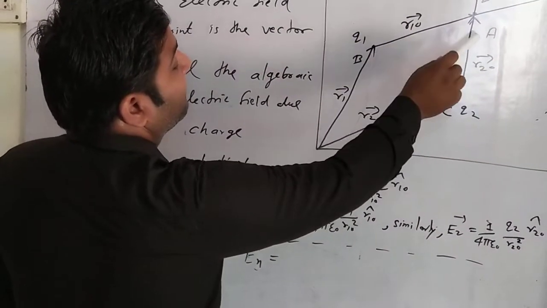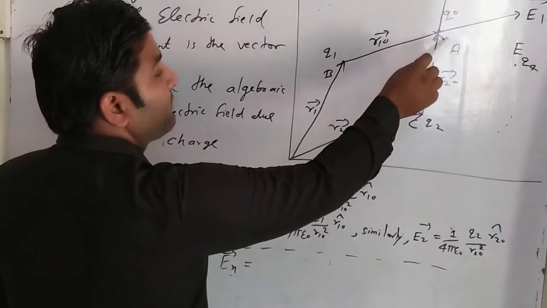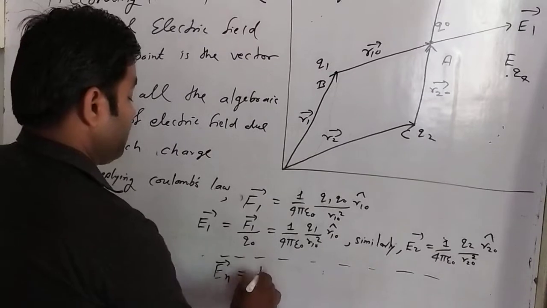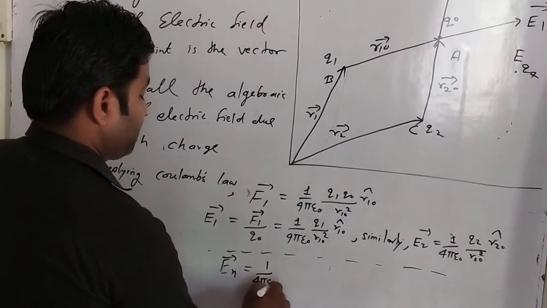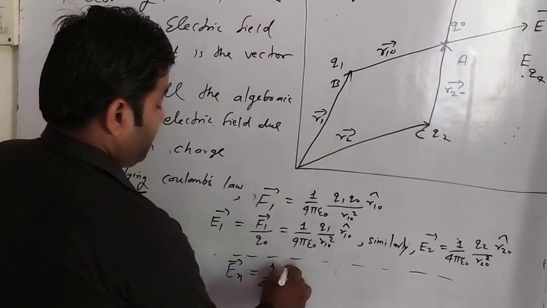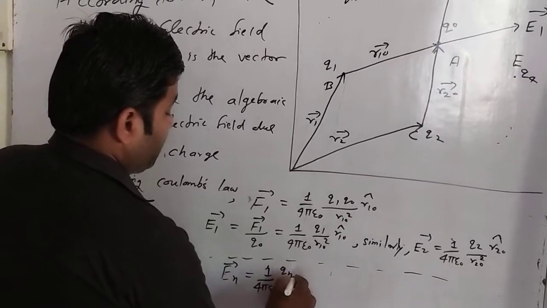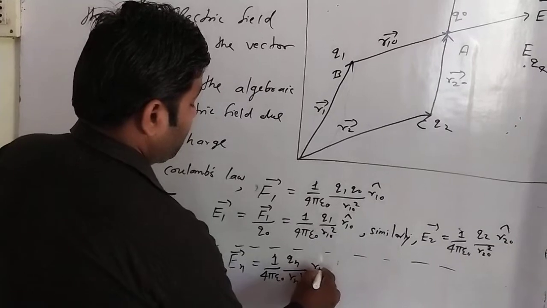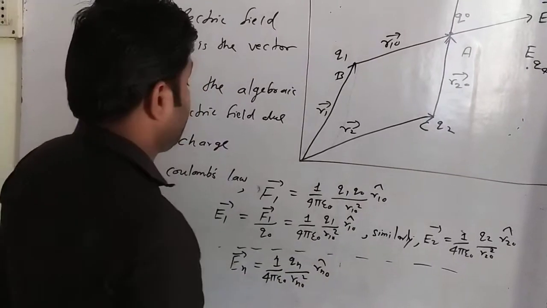Whenever the electric force is divided by the test charge, what will we get? The electric field due to the nth charge: 1 upon 4 pi epsilon naught, Qn upon Rn naught square, Rn naught unit cap.